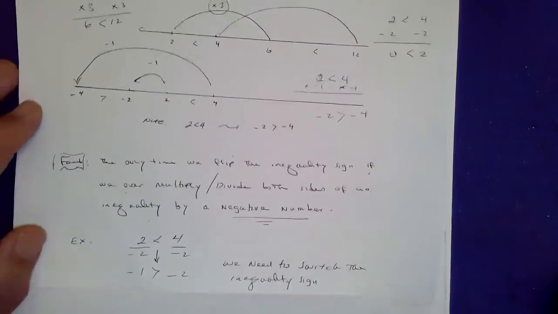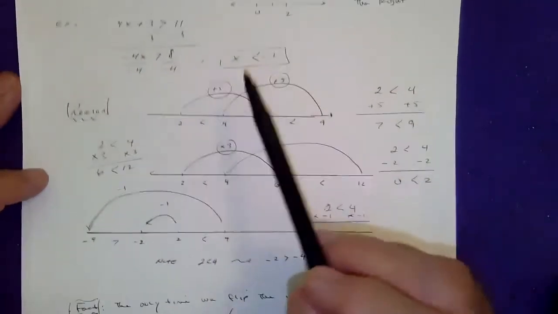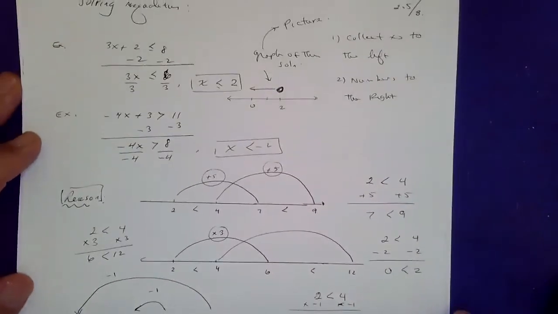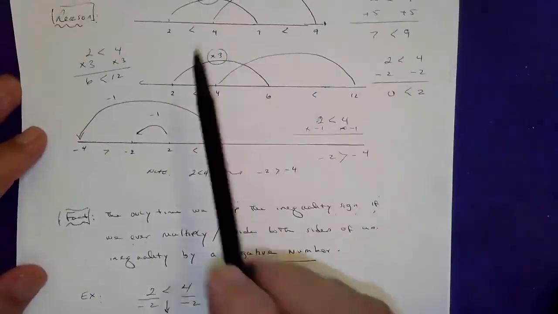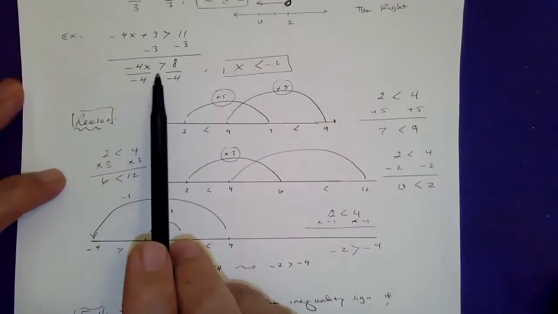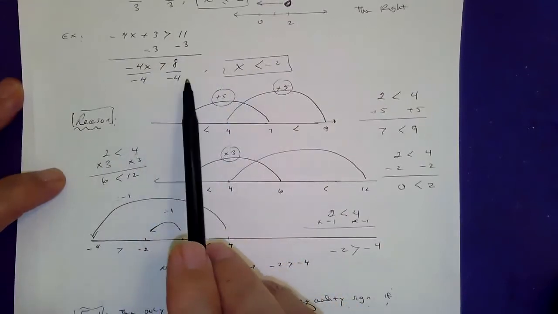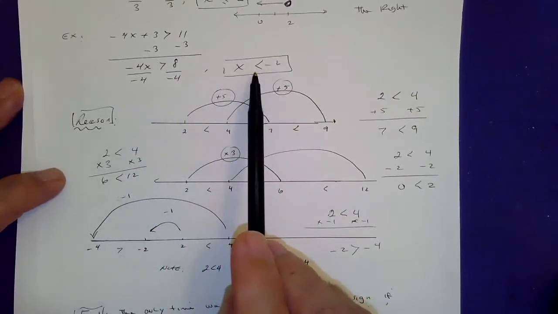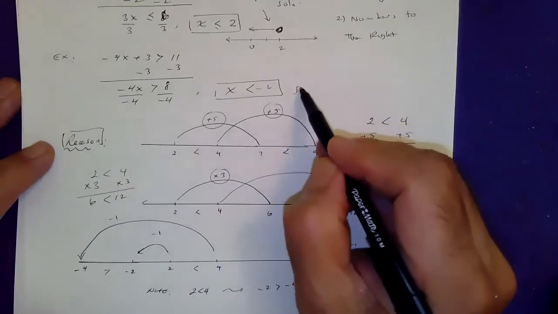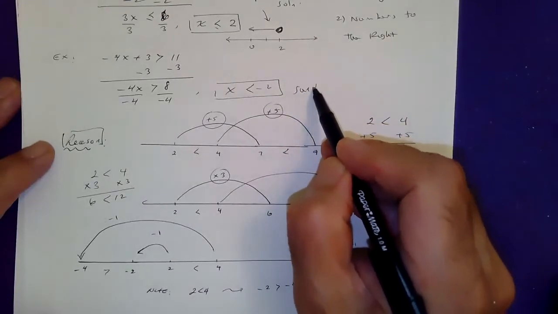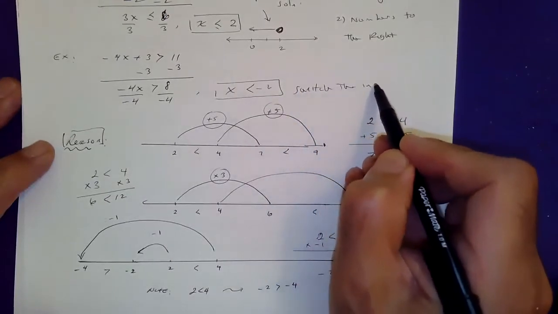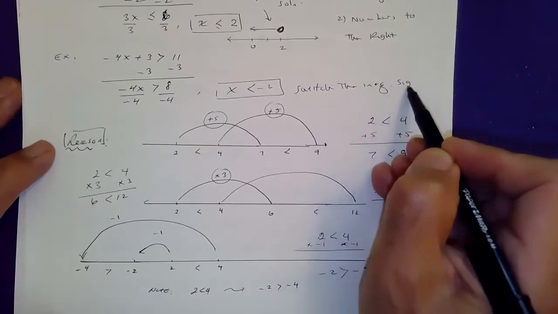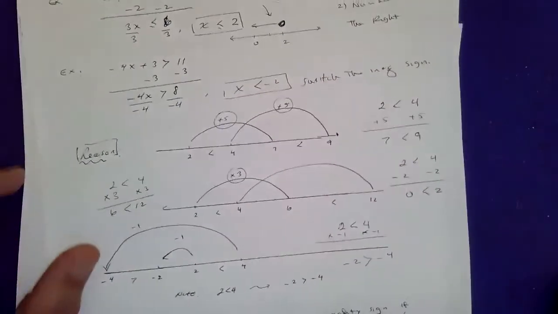In inequalities, be careful. Everything looks as if you were solving equations till you get to a point where you divide or multiply both sides by a negative number. Then don't forget to switch the inequality sign. That's the only thing to remember.